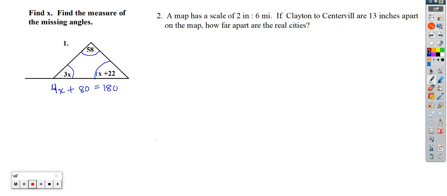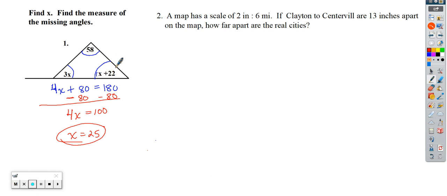Subtract 80 on both sides. Four times x is 100, and I know that 4 times 25 is going to give me 100. So x is 25. Okay, that's the first part of my answer.